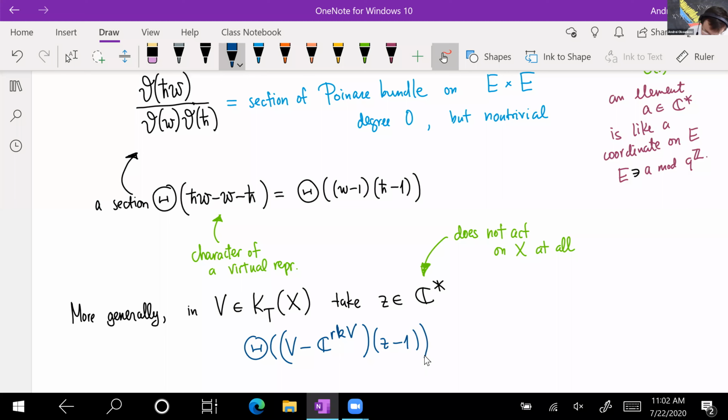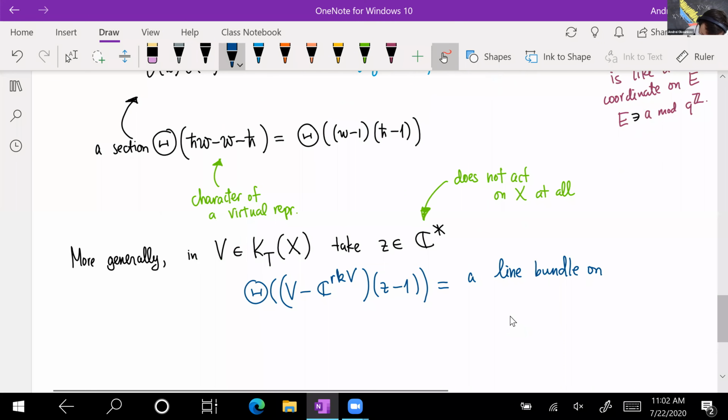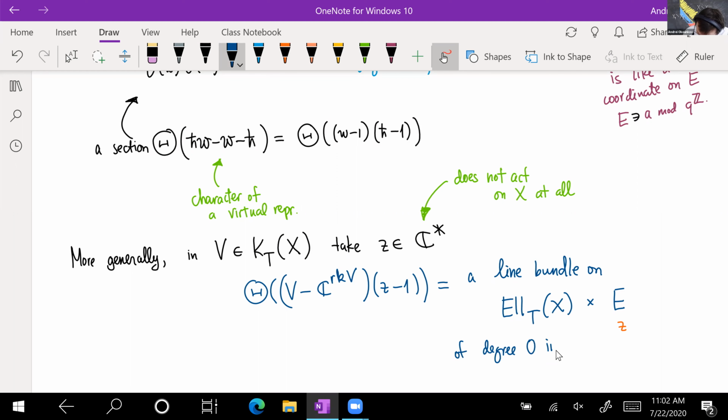This is, what's it going to be? Maybe we'll have, this would be a line bundle on, we take the spectrum of T-equivariant elliptic homology of X cross just another copy of E, which is just where this variable Z lives. And this is of degree 0 in either factor.